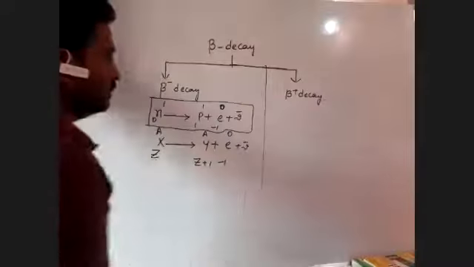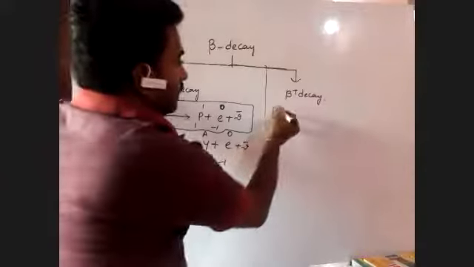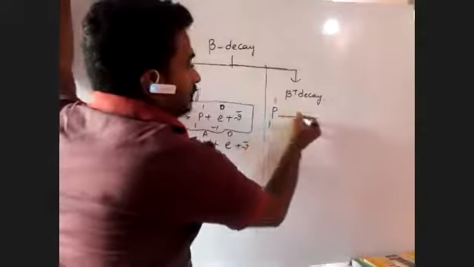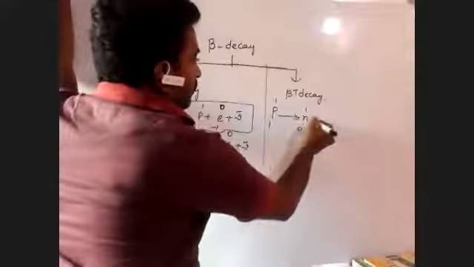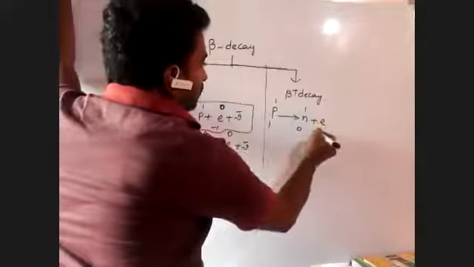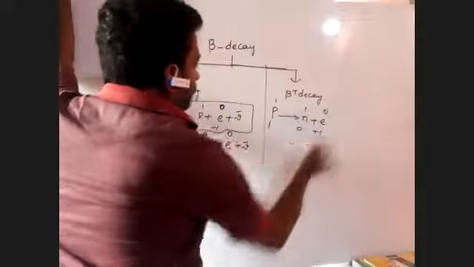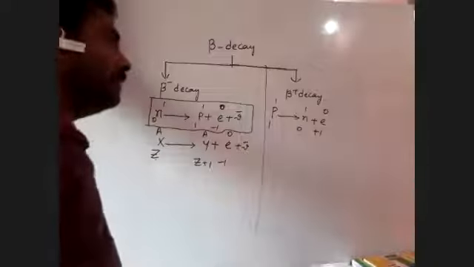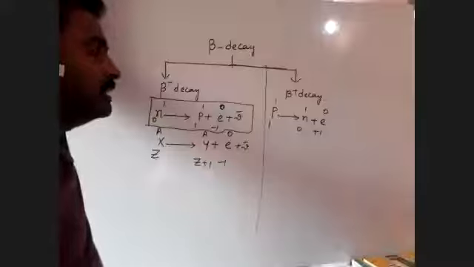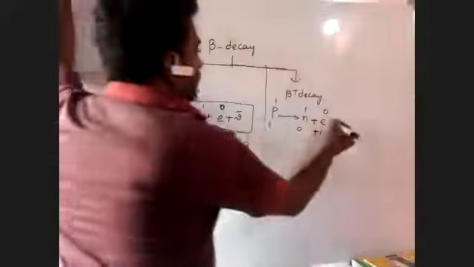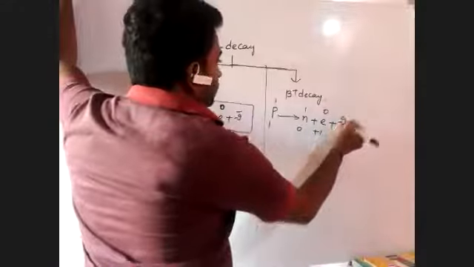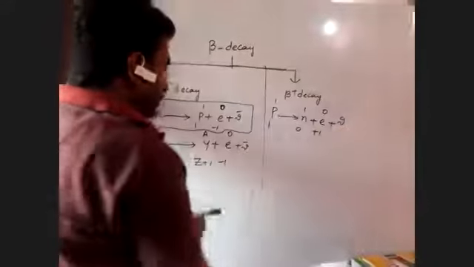In beta plus decay, what is happening? A proton is converting into a neutron and a positron. Yesterday we discussed what a positron is. A positron is a particle having similar mass to the electron but positive charge. So here the particle we get is a neutrino.